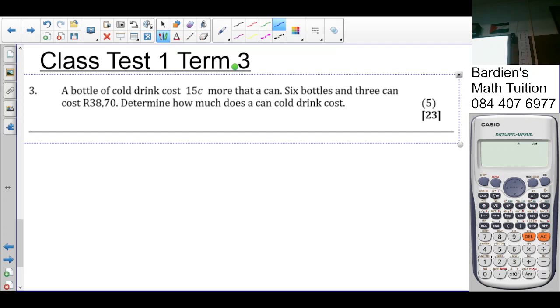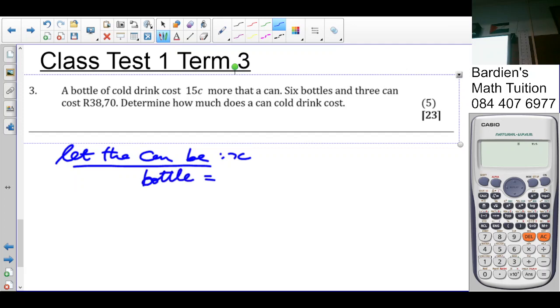Okay. So basically, we said let the can be X. So the bottle is equal to 15 cents more than the can: X plus 15 cents.